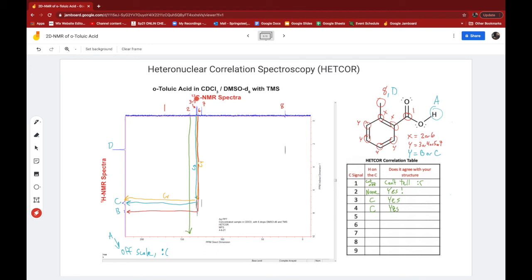That's the 1 hydrogen signal. That one there. Okay, so back to our table. So 5 corresponds to B, and does that agree with our prediction? So 5 is one of the Y's, B is one of the Y's. Yes, looks good.